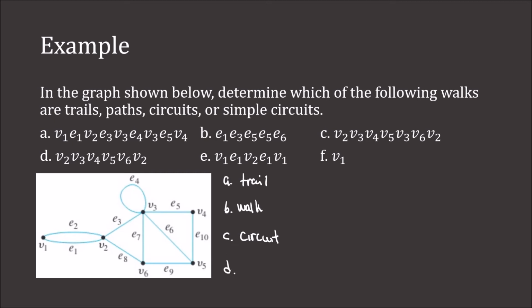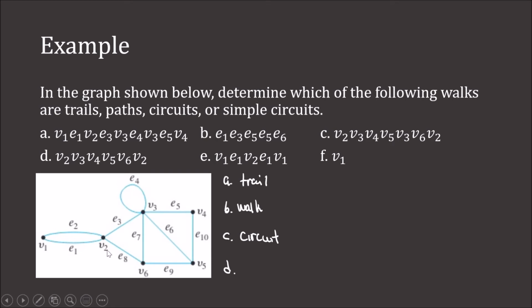Look at D. You go V2 to V3 to V4 to V5 to V6 back to V2. So this starts and ends at V2. And it has 5 edges.